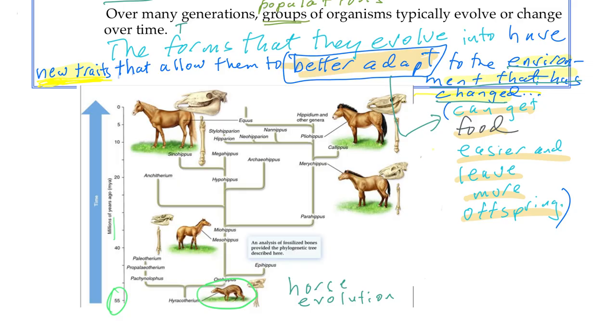And then over time, we can tell from the fossil record that it evolved into a larger and larger animal, depending on the environment that it found itself in, and it became better at running and traveling long distances to find food as the climate changed to drier climates.